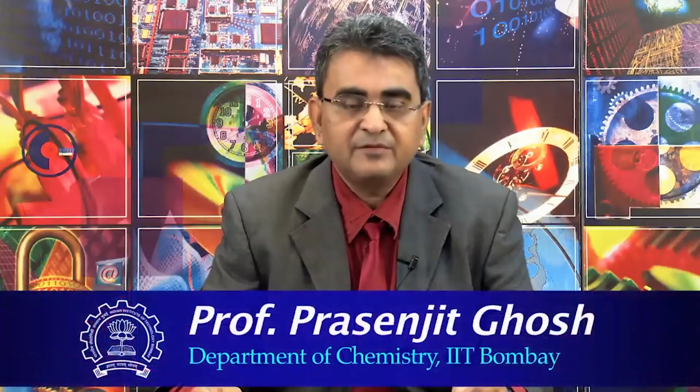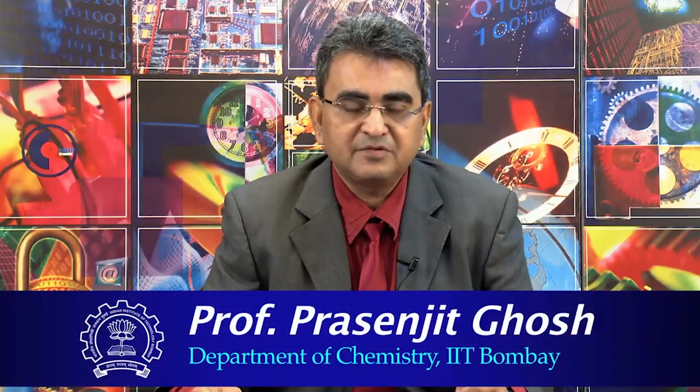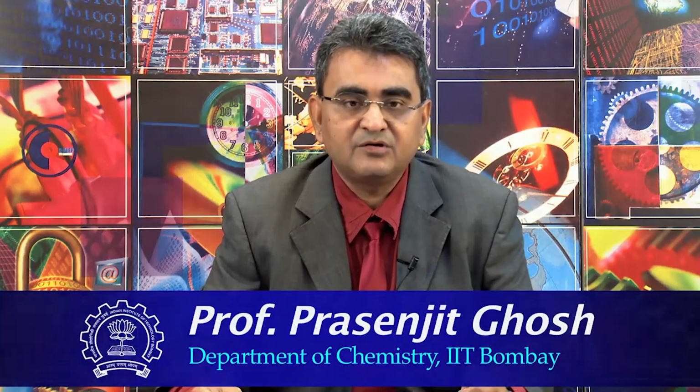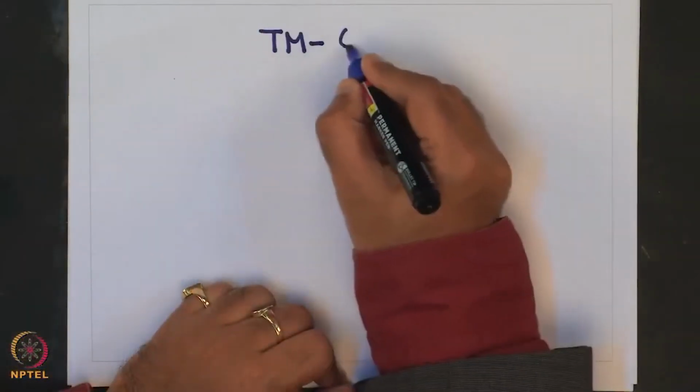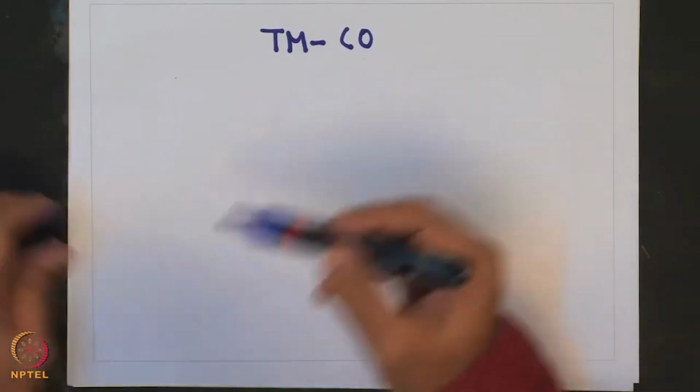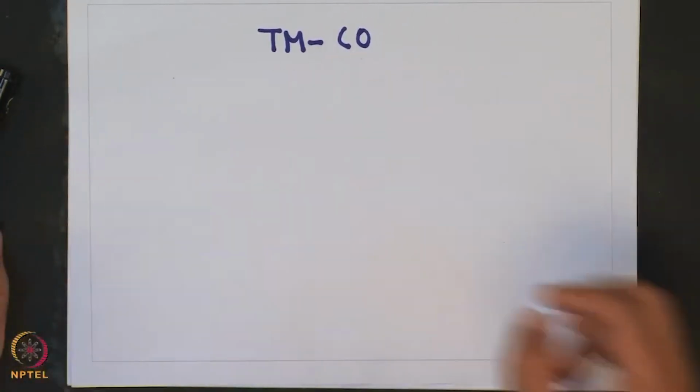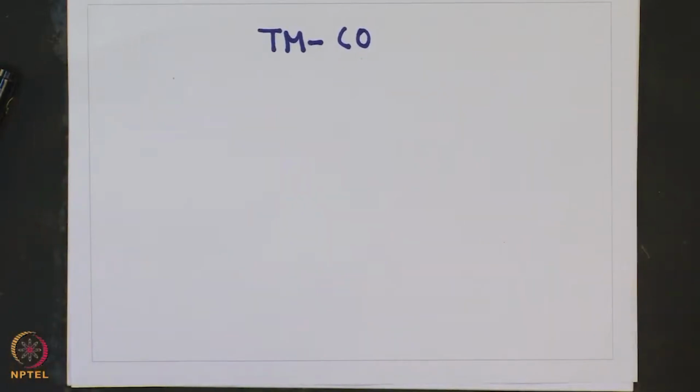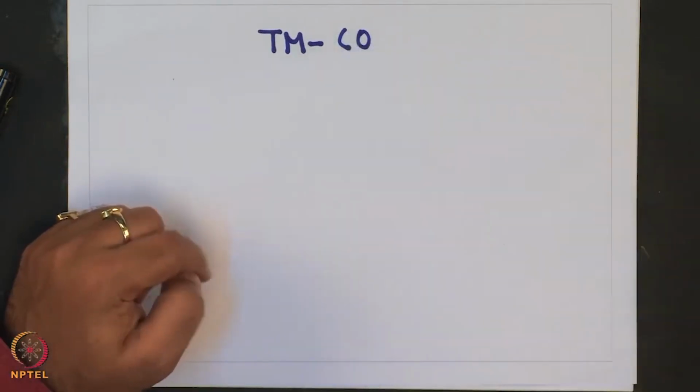Welcome to this lecture on transition metal organometallic chemistry from principles to applications. We have been discussing a very important topic in the last lecture, and this is about transition metal carbonyl bonding properties. In order to understand the transition metal carbonyl bond, we need to first understand the carbon-oxygen bond of carbon monoxide.